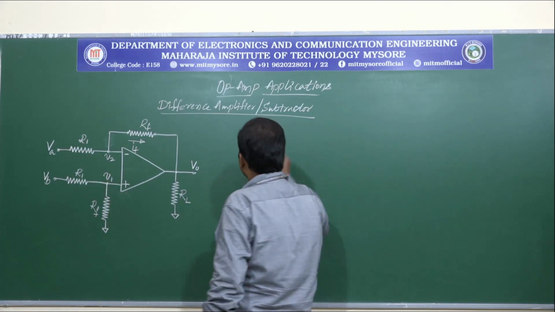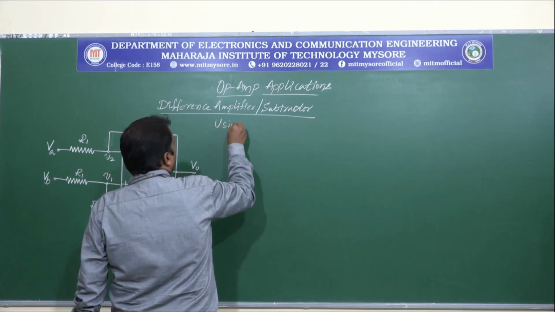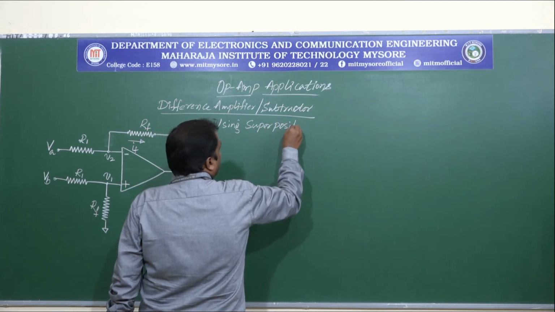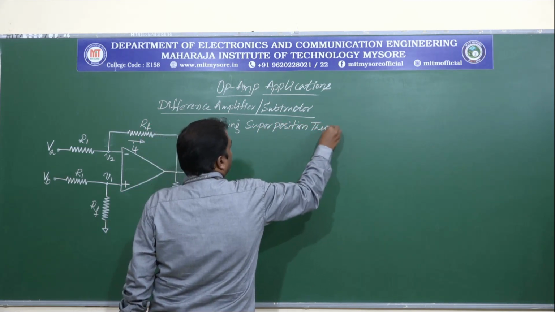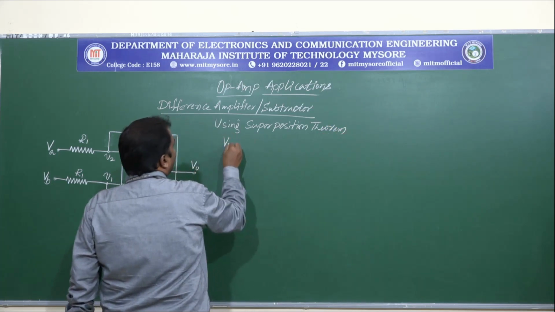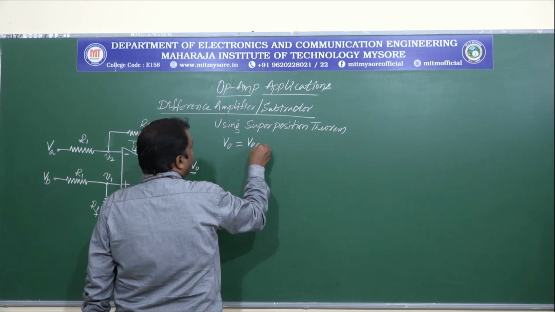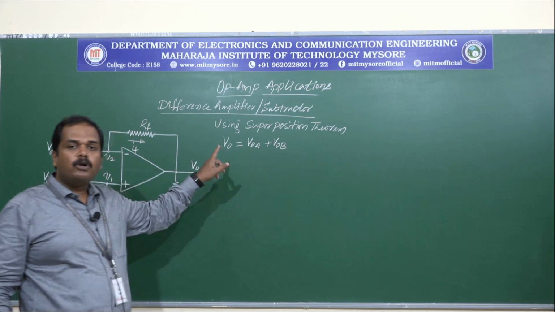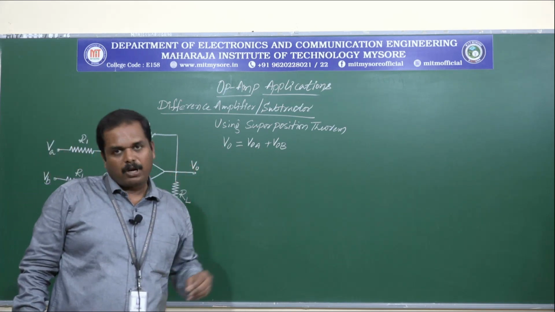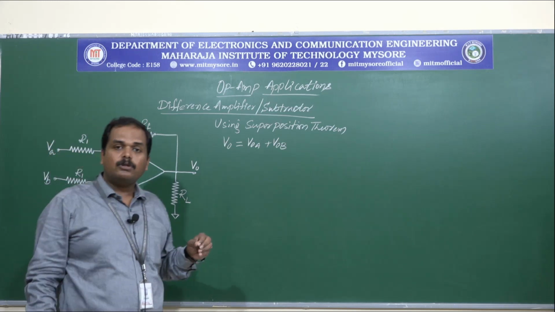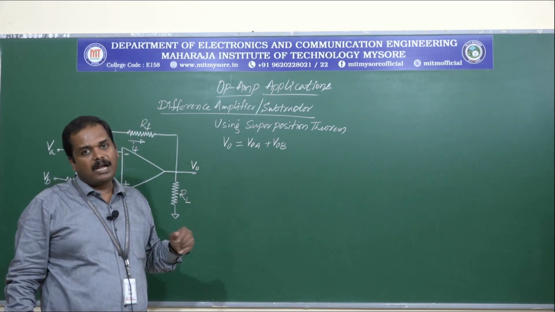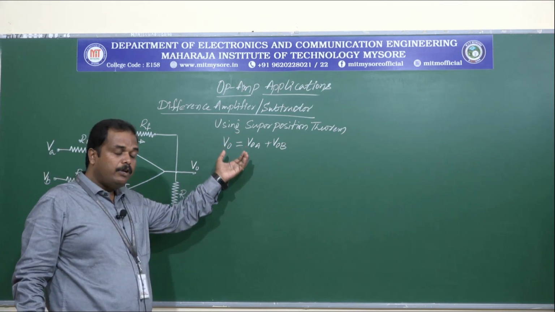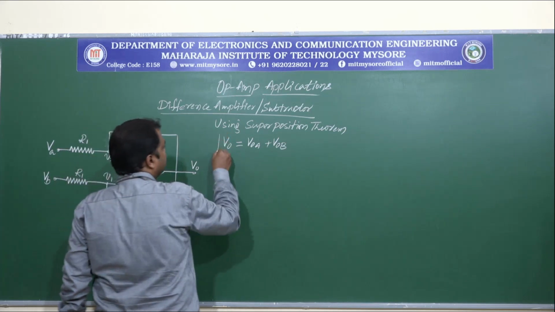So using superposition theorem, we can write V0 is equal to V0A plus V0B, where V0A is the output considering VA input alone and V0B is the output considering VB input alone. Let us determine the output expressions for V0A and V0B.